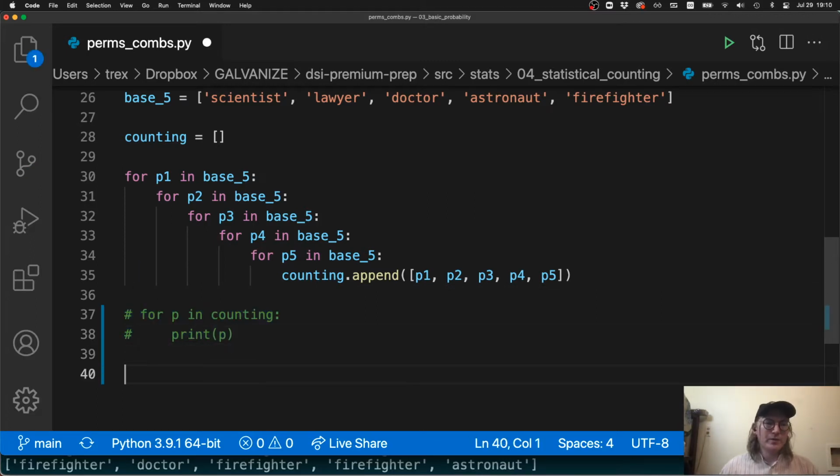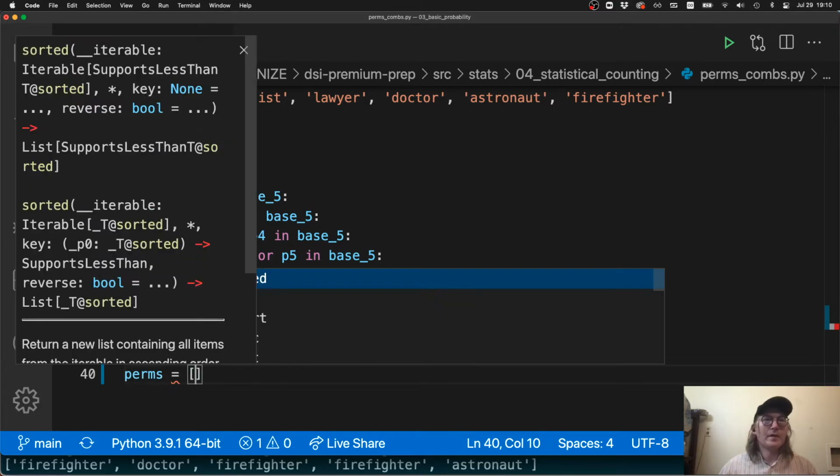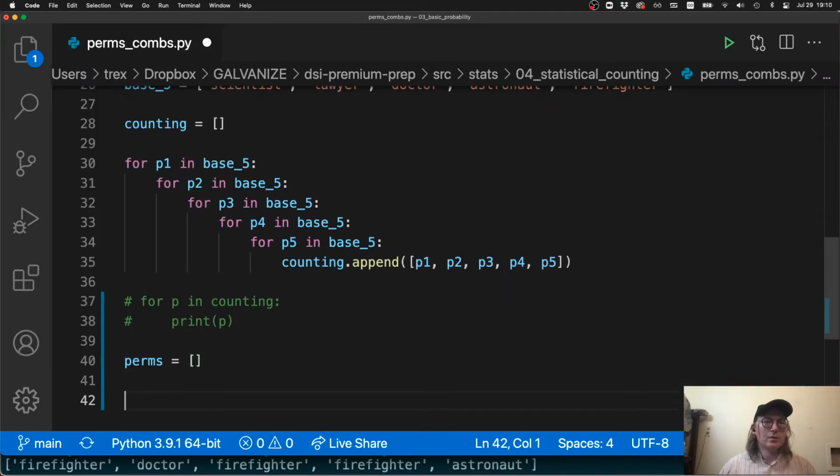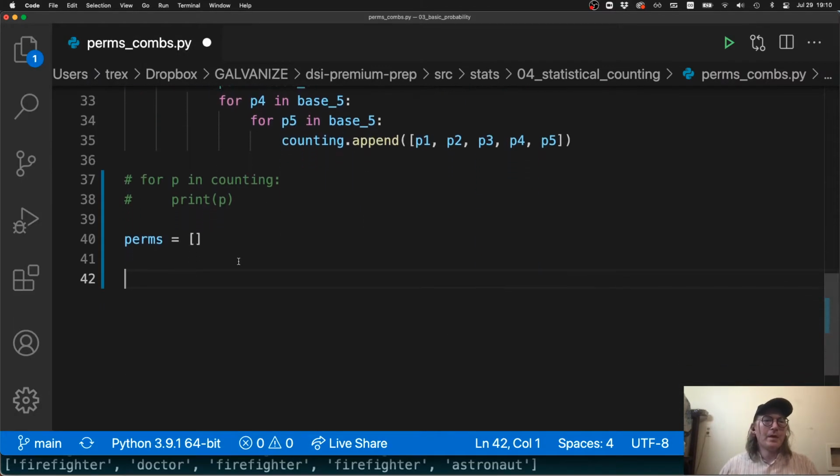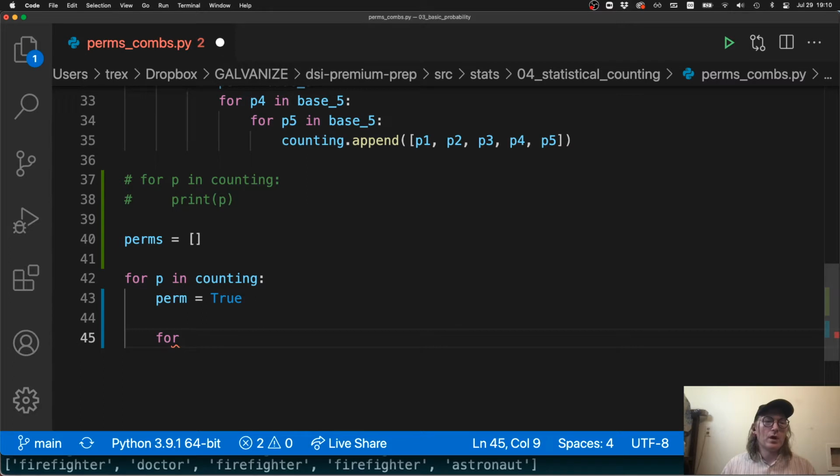How are we going to go about doing that? It'll be pretty easy, actually. Let's call this perms, and we'll say for each person in that counting list, let's decide by default we think it's going to be a permutation, and then we'll qualify that belief.